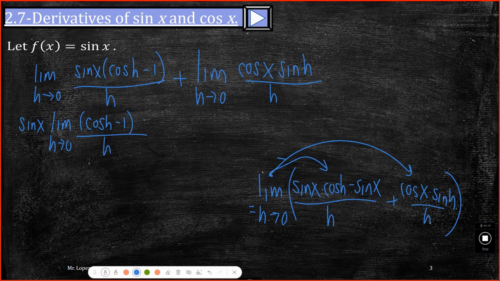And then we're also going to factor out this cosine x because this is h approaches 0. So we're going to do cosine x, limit h approaches 0 of sine h over h.